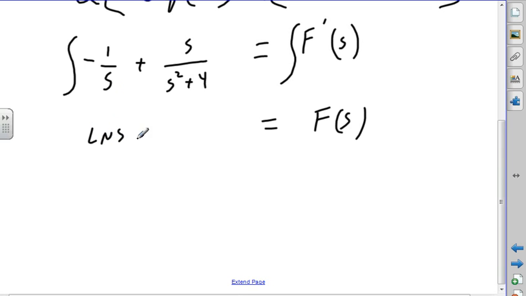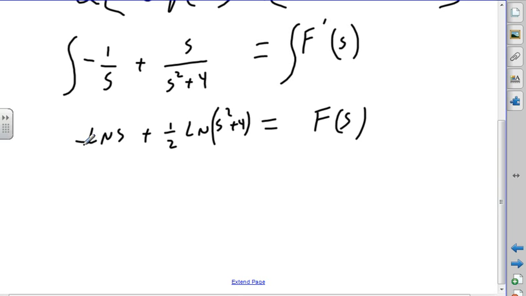Natural log s plus 1/2 natural log s squared plus 4. What do you think? Huh? What? No. Yes. No, yes, no, yes. All right, so this is number who?